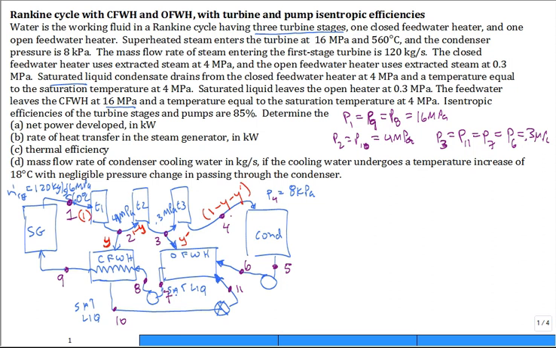It really helps clarify what we mean by this Y and Y prime. Y was the mass flow rate that went down to the closed feed water heater divided by the mass flow rate out of the steam generator. True? What is Y prime?